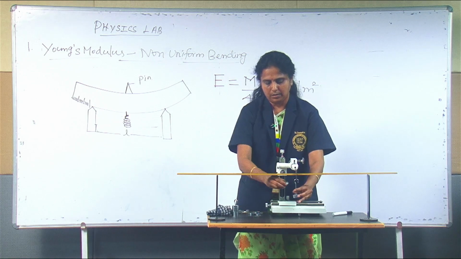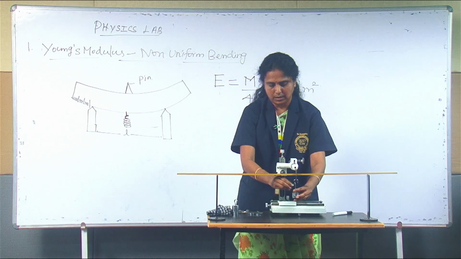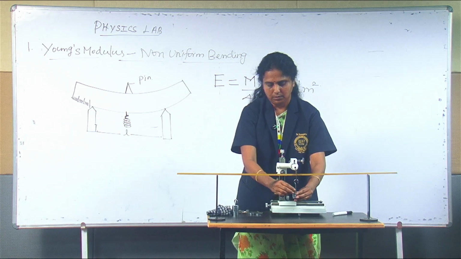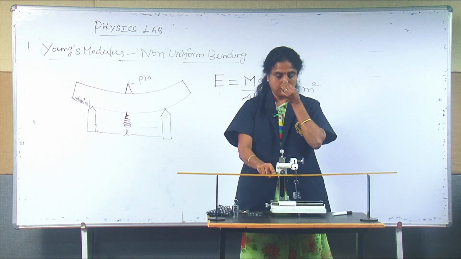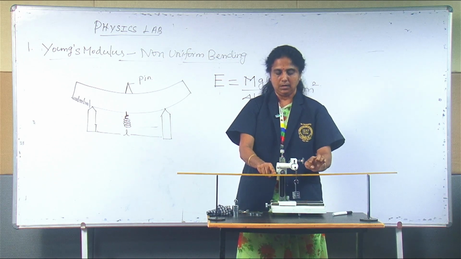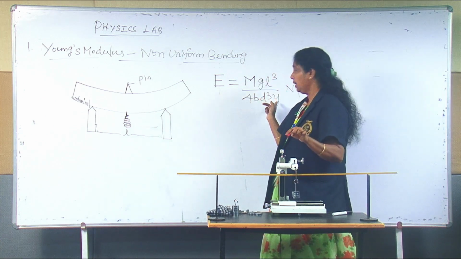If I add another 50 grams, definitely the scale undergoes some bending, some depression. So this is for non-uniform bending. Weight is added at its center or middle, and the scale undergoes some depression. Y is here nothing but the depression.